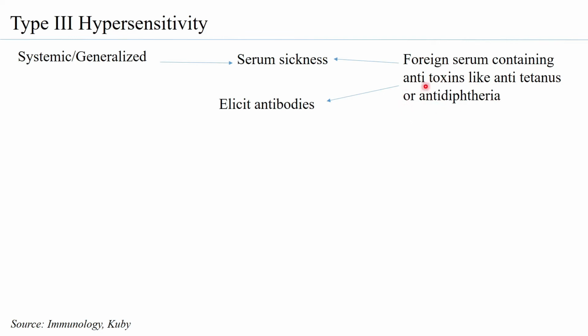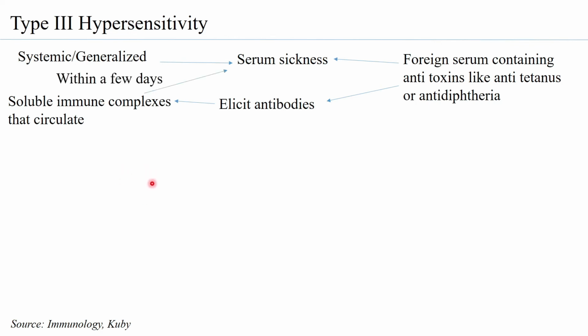So this antitoxin is acting as an antigen, and the antibodies formed by our body are going to bind to these antitoxins, forming an immune complex. And this immune complex can move around in the circulation and then deposit at various places. So within a few days, what is observed is an inflammatory response, which is called serum sickness.